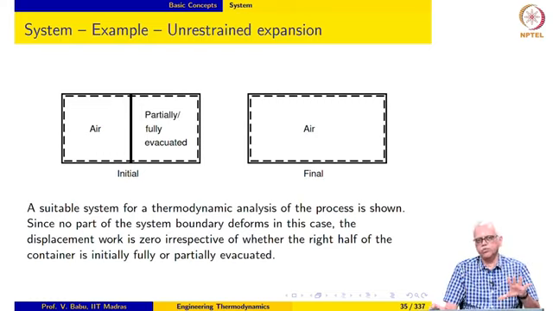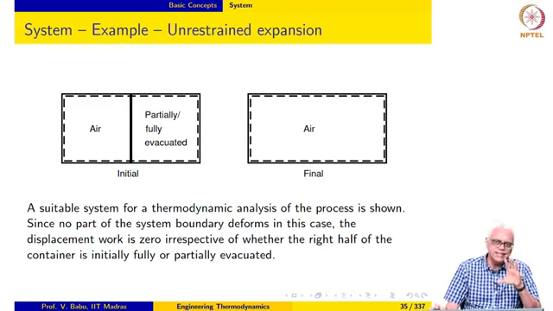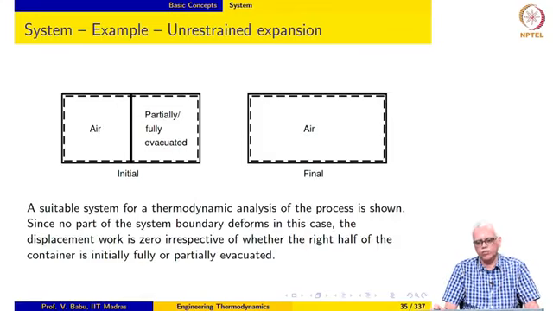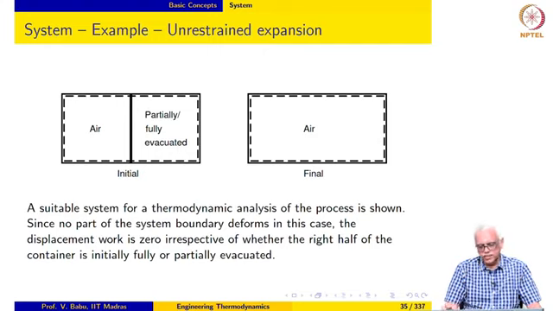Although the properties at intermediate instants are still not known, that has to do with the nature of the process and nothing can be done about that. But at least this system may actually be used for a thermodynamic analysis. How do we do that? Let us take a look.